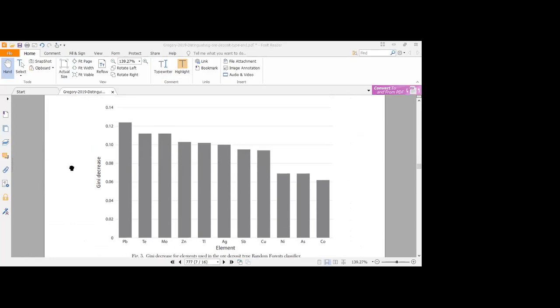If the value of this feature is high, you can use it to separate or classify the deposit, as said in this paper. But if the value is low, the set should be pure, meaning all the data come from one type of deposit. So it's somehow like the important features.